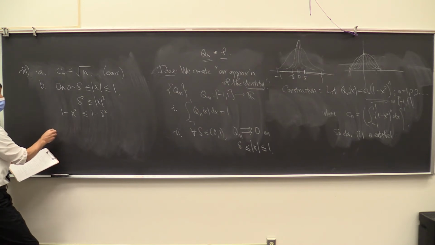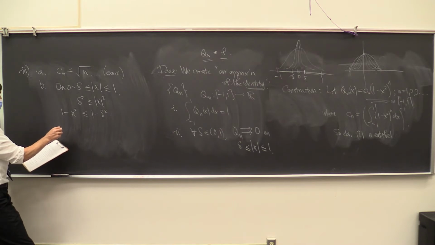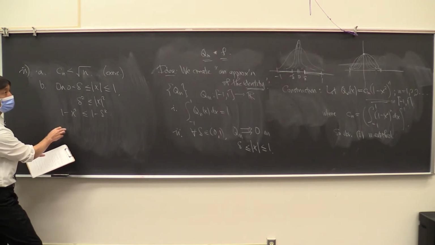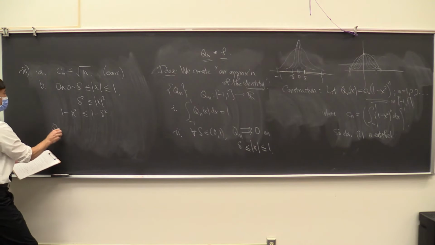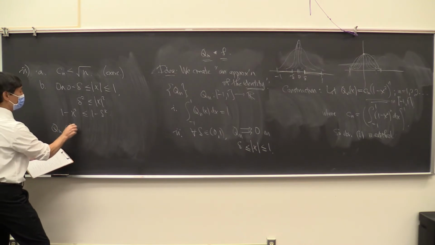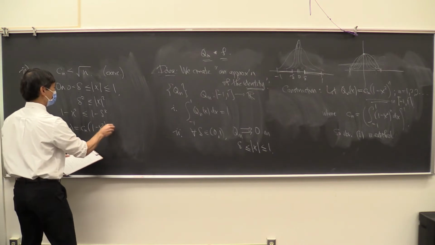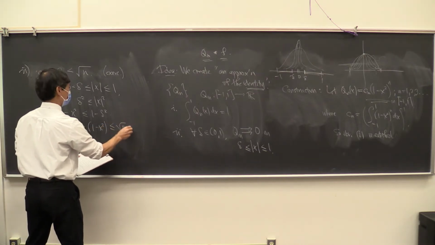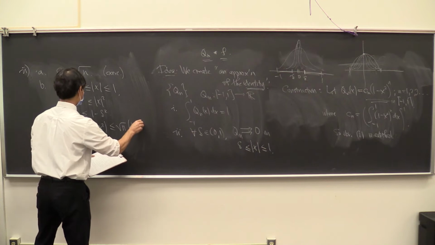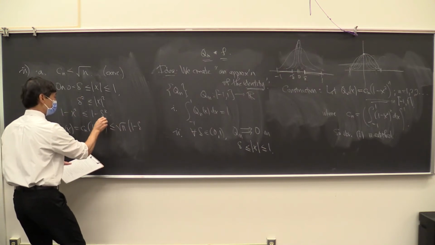Remember what our Qn is. Qn is Cn times (1 minus x squared) to the n. So that's smaller than the square root of n times (1 minus x squared) to the n.